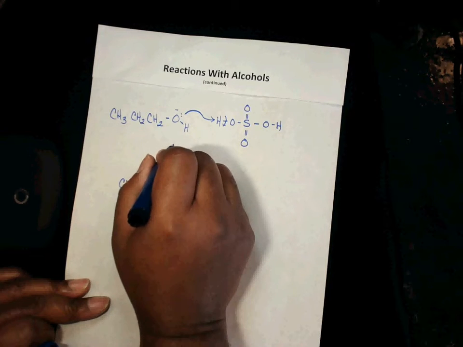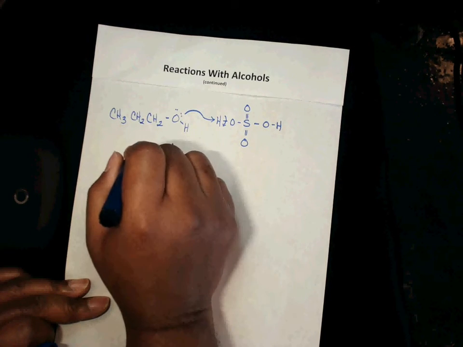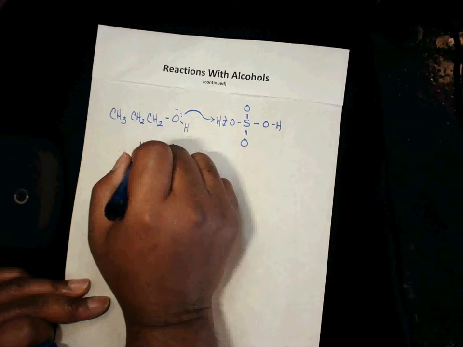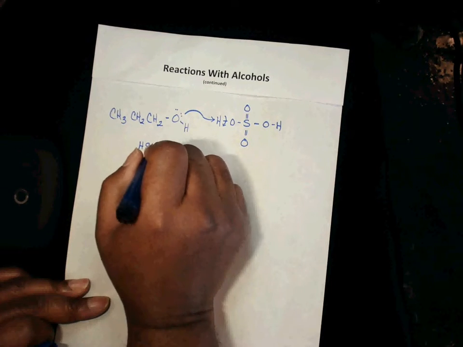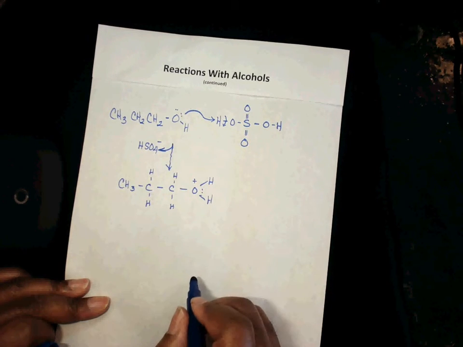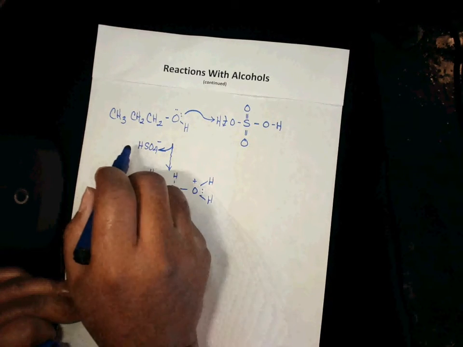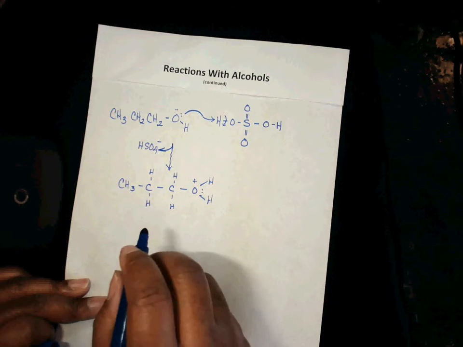Now, during the reaction, obviously you're going to get as a byproduct the conjugate base of sulfuric acid, which is the bisulfate anion.